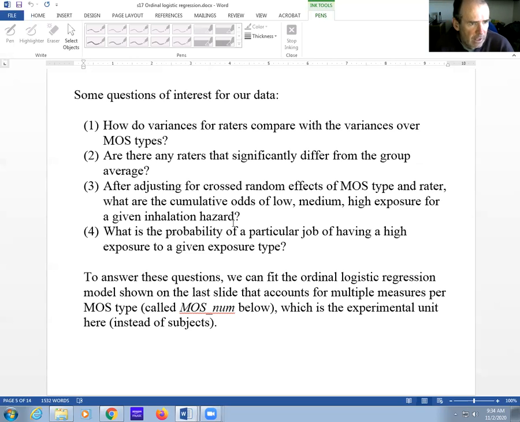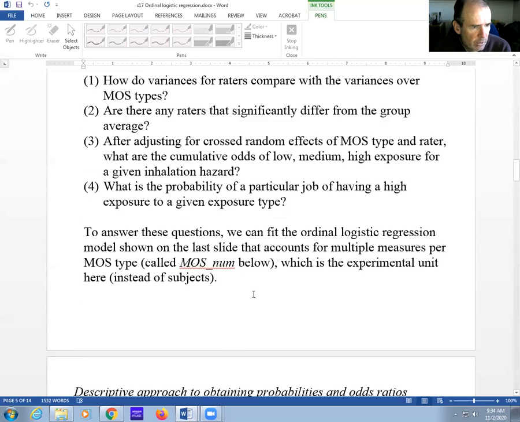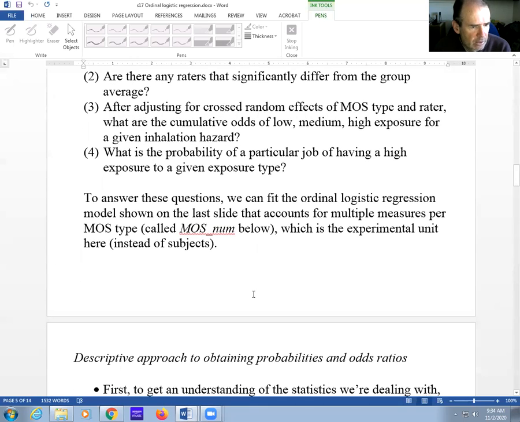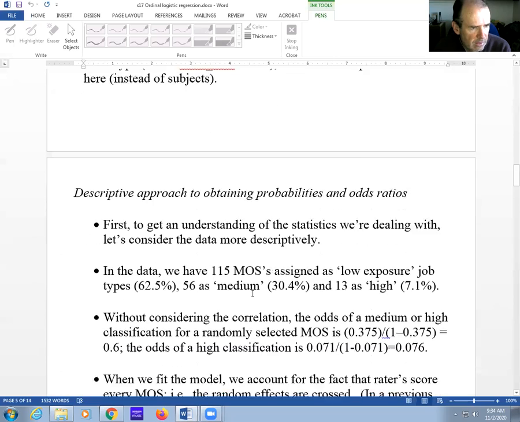After adjusting for cross-random effects, what are the cumulative odds of low, medium, high exposure for a given inhalation hazard? We're just going to look at burn pits for our example. What is the probability of a particular job having high exposure to a given exposure type? So we're going to fit this ordinal logistic regression model in order to answer these questions.